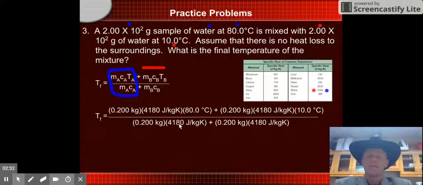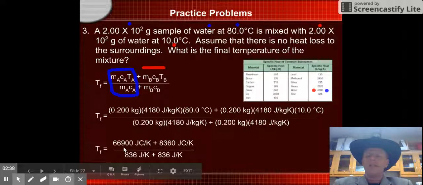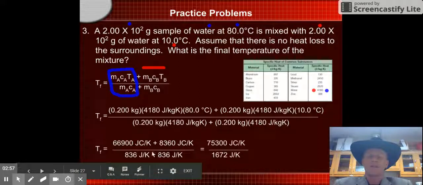But to be safer, you may not want to cross-cancel if you don't completely understand when to cross-cancel. So multiply each expression, and that'll reduce it to four numbers. Then add and subtract the top and the bottom, and then divide finally.